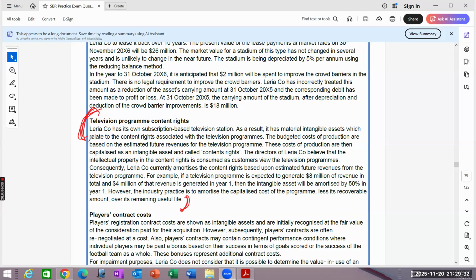As far as it is appropriate, if it is giving you a systematic allocation, you can use it. And similarly, the competitors are calculating the amortization on the basis of remaining life. That is also appropriate. So both methods are appropriate. So yes, it can be used, but not recommended. But keep in mind, it's not recommended by IAS 38.